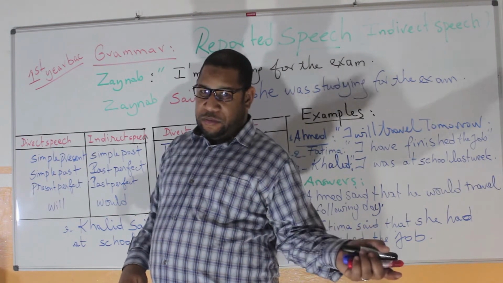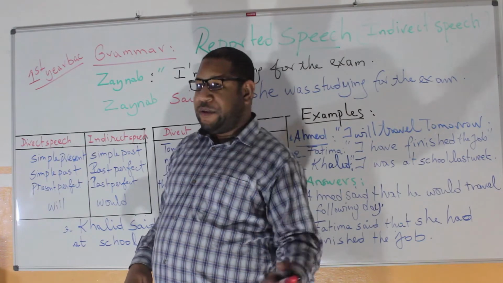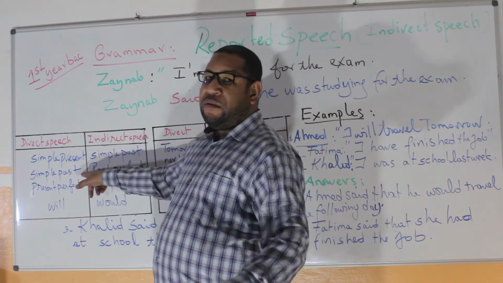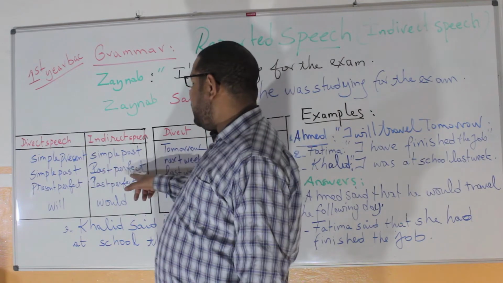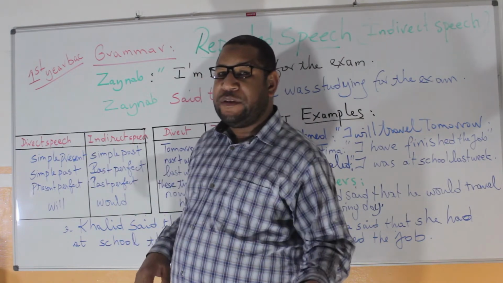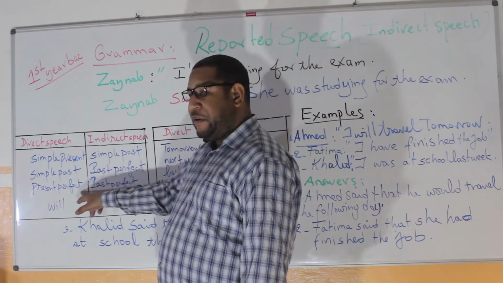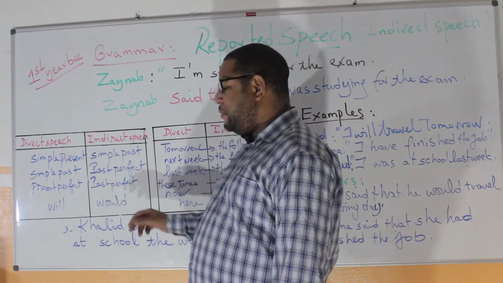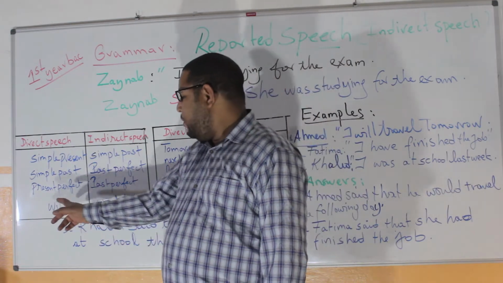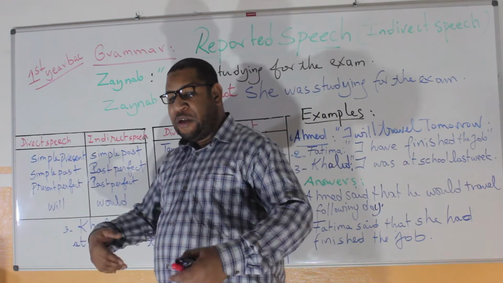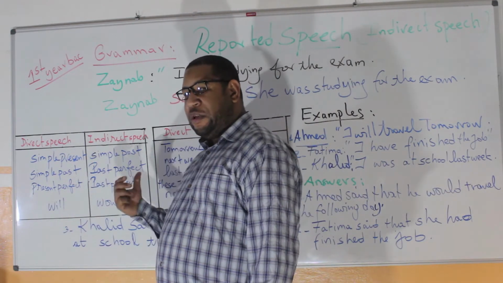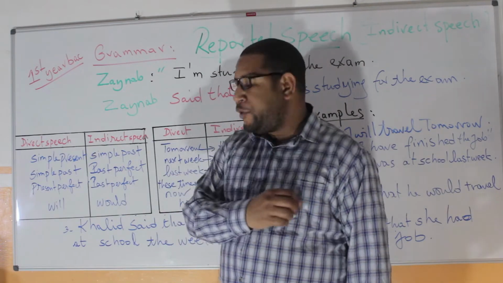Speaks becomes spoke. Visit becomes visited. Simple past, visited, becomes past perfect, had visited. We are going to see more examples so as to understand. Present perfect, we change into past perfect. And if we have the modal will, like the future, I will go, it becomes I would go.